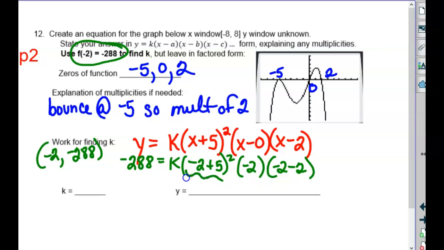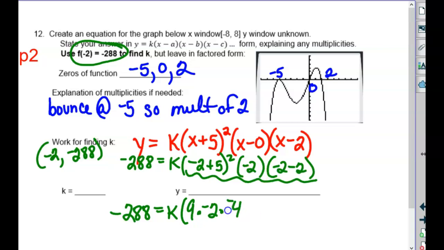Remember, all of this is multiplied together over here. So I have -288 equals k times 3 squared, which would be 9, times -2, and this would be -4. So all that would be 72. Anybody getting that?